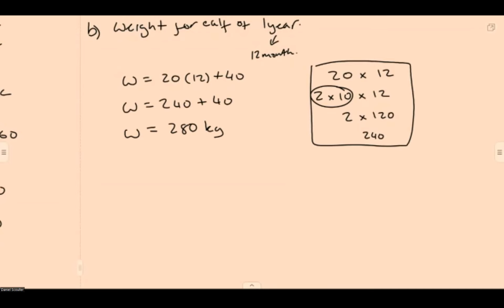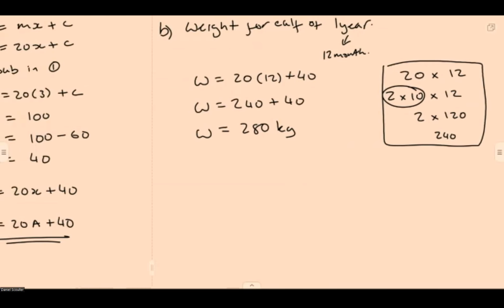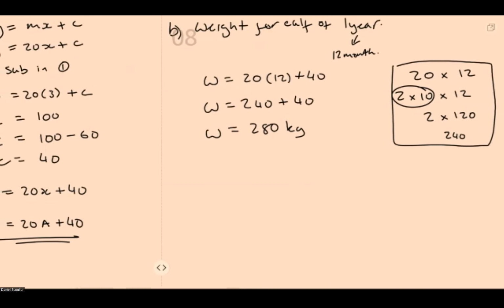Okay, again, a wee way to sense check that is, well, they're asking you for 12 months and we're getting 280 kilograms. They've given us already the weight in the question of a calf that's 15 months old, so a calf that's older than the one they've asked for, and it's 340 kilograms. So you'd expect one younger to be less. So again, that's a good sign, all right?